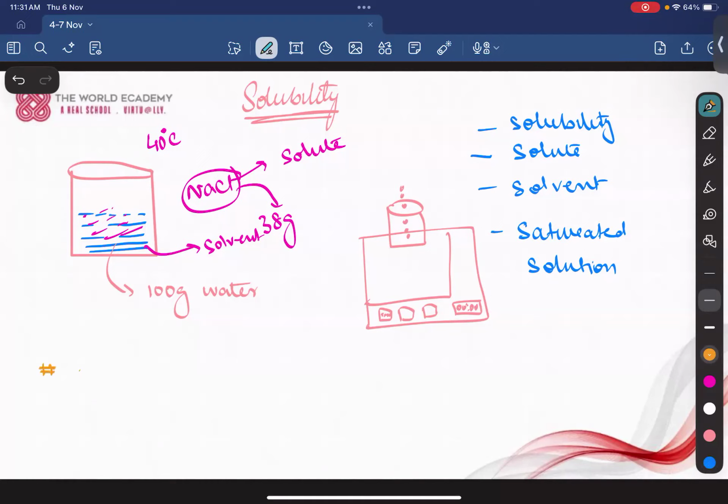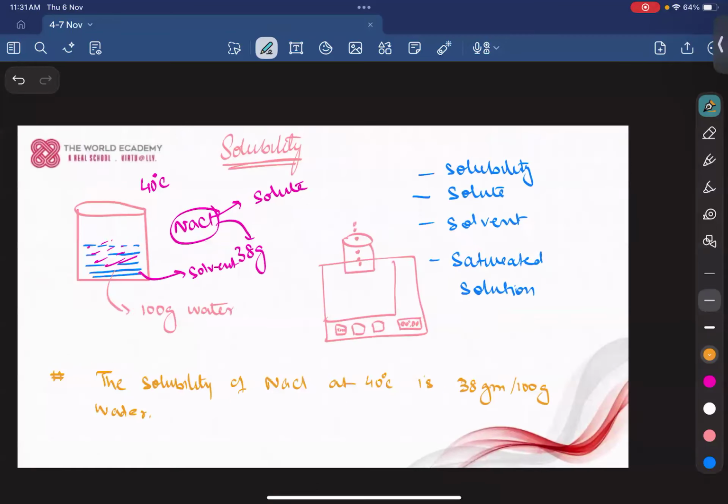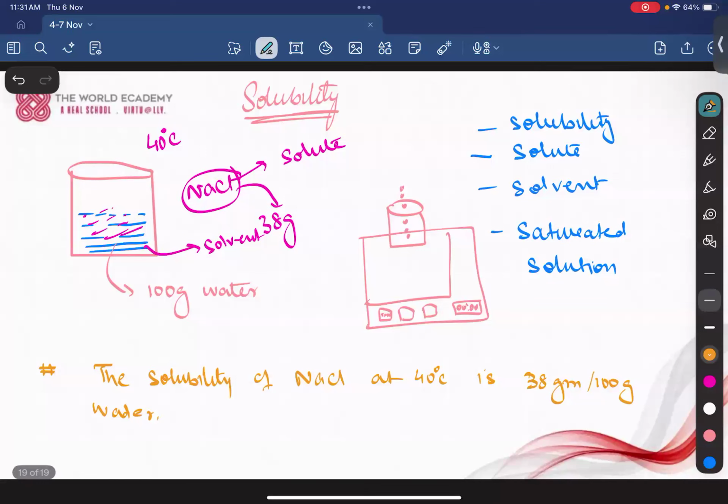The solubility of NaCl at 40 degrees Celsius is 38 gram per 100 gram water. What do you mean by this sentence? Can you explain this sentence?